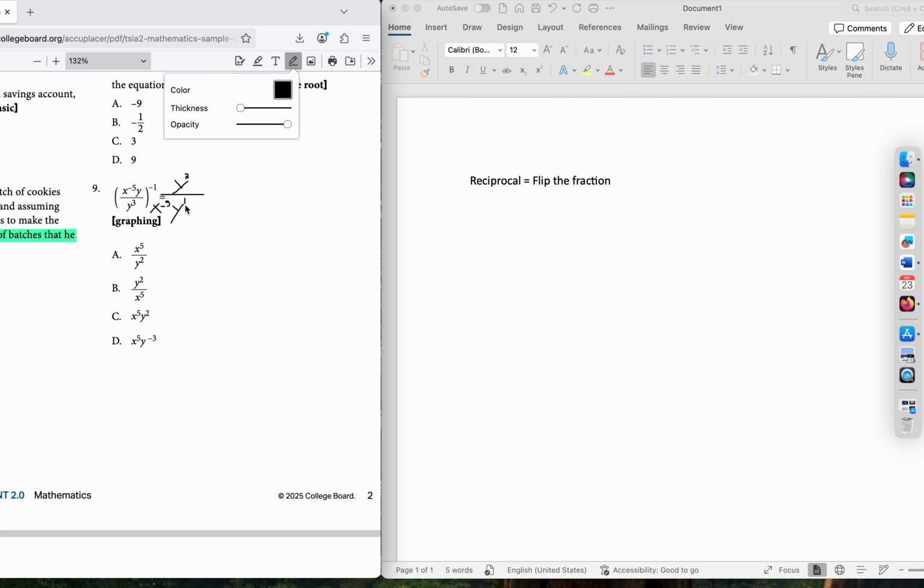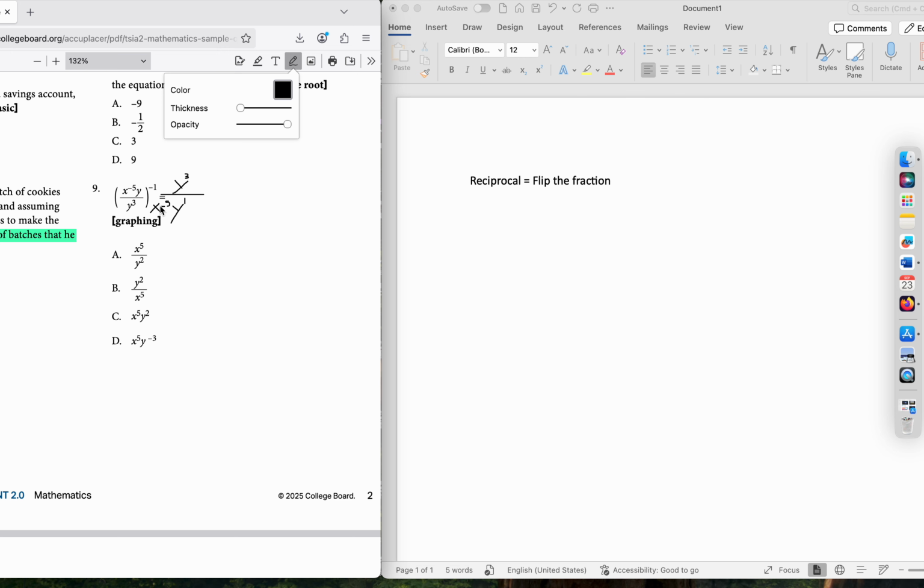And we can say that this exponent here is 1. Whenever you see that an exponent is not written, then it's implied to be a 1. And so y to the third power over x to the -5 times y to the first power is kind of yucky. So we can definitely simplify this further.